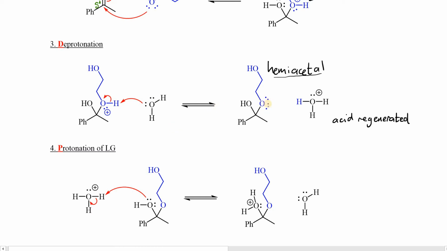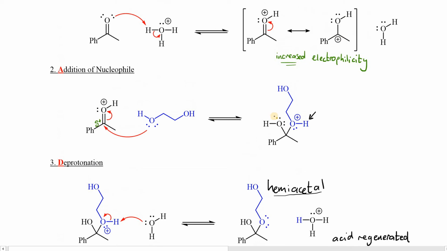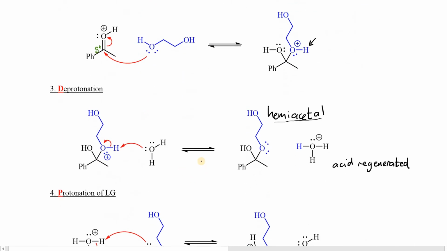If this oxygen here acquires the proton again, we can then form ethylene glycol again. This becomes a good leaving group and can jump off the compound and reform ethylene glycol and our protonated carbonyl. We don't want that.